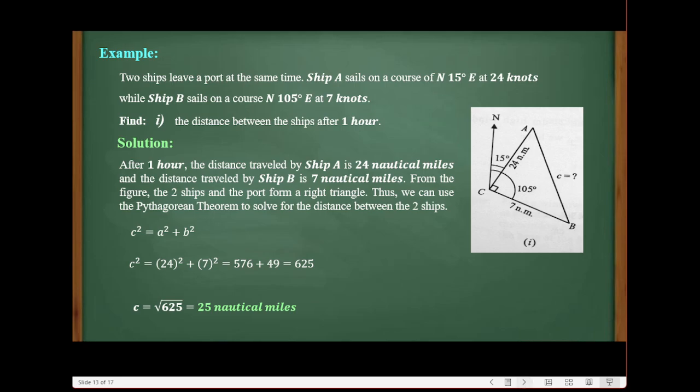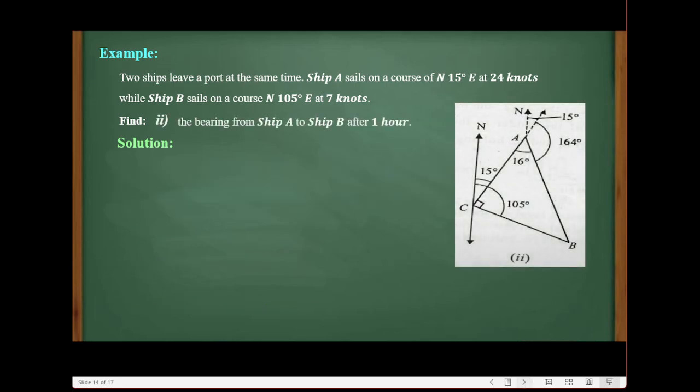Next. The second problem, the bearing from ship A to ship B after an hour. So how do we analyze the problem? At point A, let us project a north-south line and let us extend this. Okay. Then to solve the bearing of ship B from A, we have to solve for alpha.